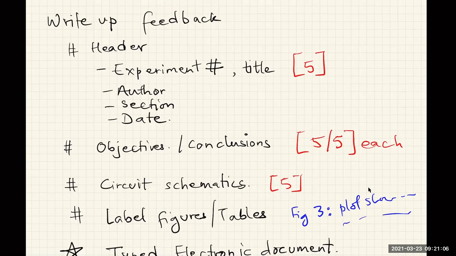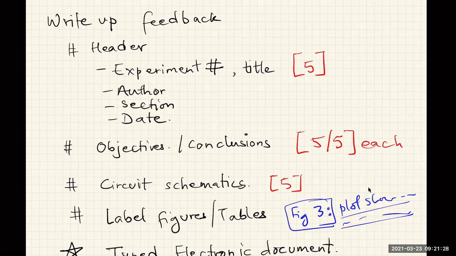So a descriptive caption plus a numerical reference to the figure. It is important that you start building these habits of including these things in your documents, because it's just good practice.